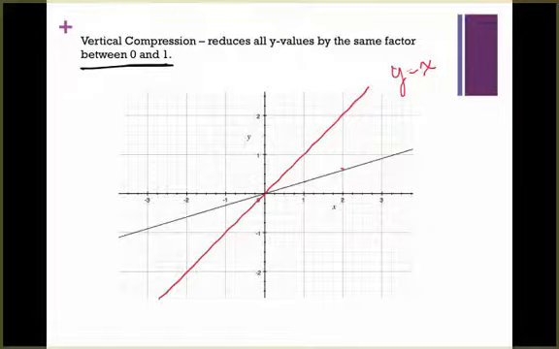Let's say that that's what we're multiplying by. Then we would expect that this second graph here might be the equation y equals 1/4 x, because we are shrinking it down and compressing it so it's not as tall.